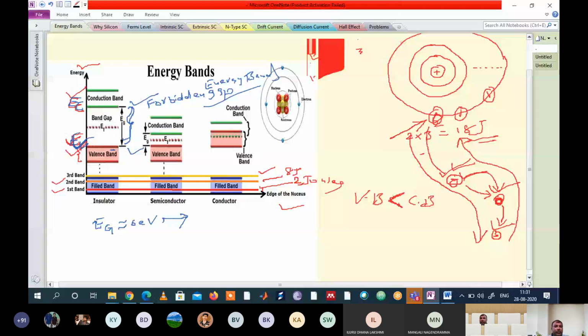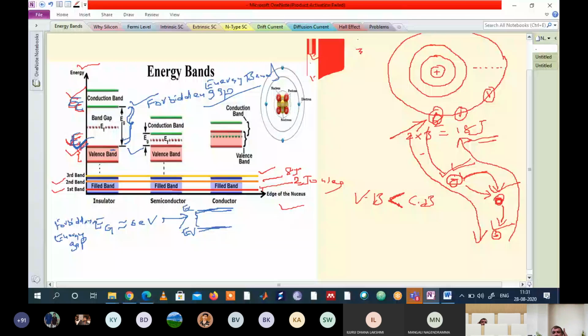If EG, which is a forbidden energy gap, is approximately 6 electron volts, that means if this is EV, valency band, and this is EC, conduction band, this is the forbidden energy gap or forbidden energy band.